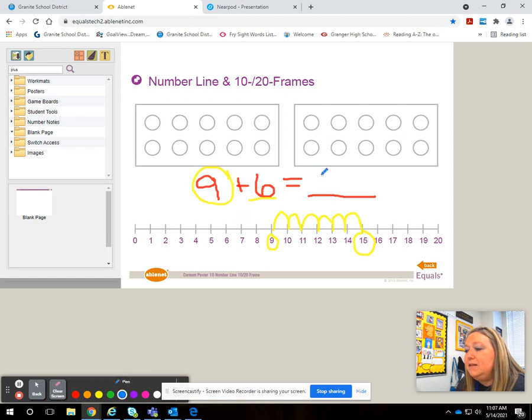So my answer is 15 right there. Okay, so I know that I can use the number line. I'm going to need a number line that goes all the way from 0 to 20 for this assignment. If I'm using the number line, I'm going to have to write my own number line to use at home.